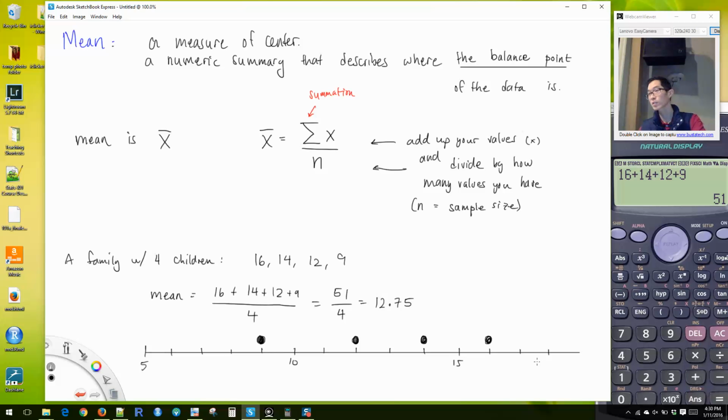So if you imagine this as some kind of seesaw, where do we want to put the fulcrum? The fulcrum goes at 12.75. It goes right here. This is the mean. This is our balance point. Conceptually, are we cool here? All right.